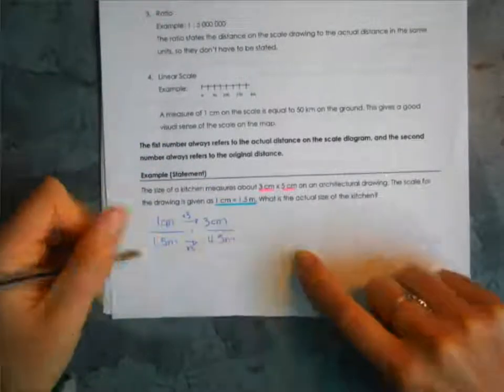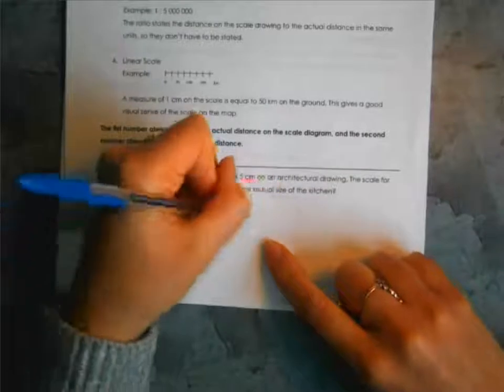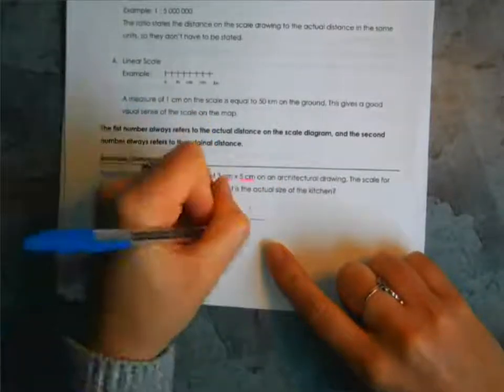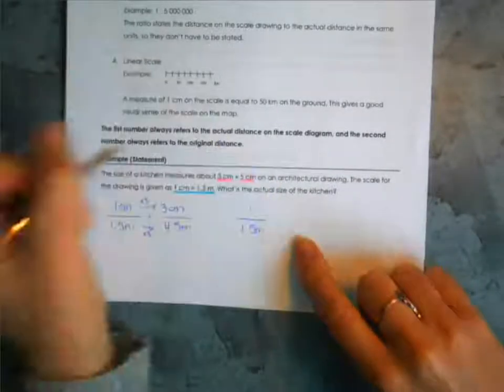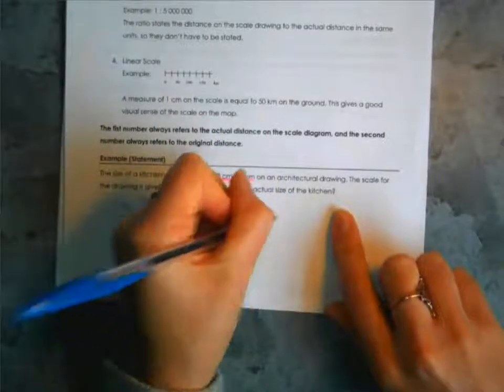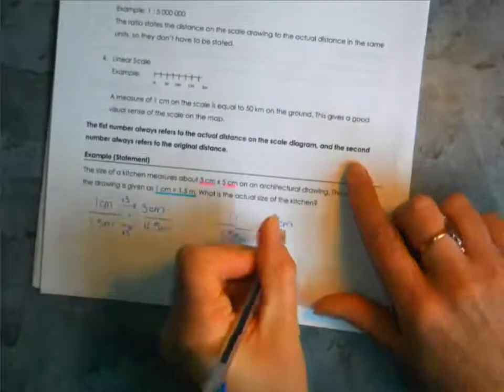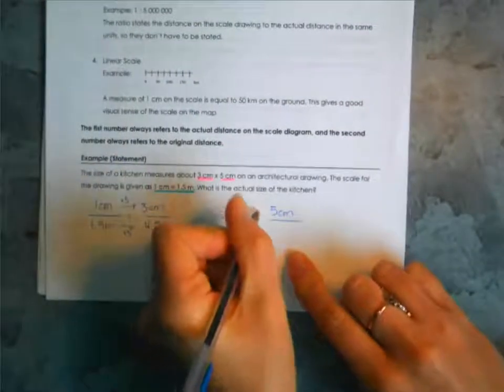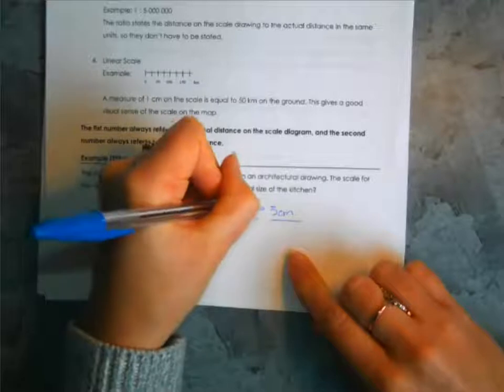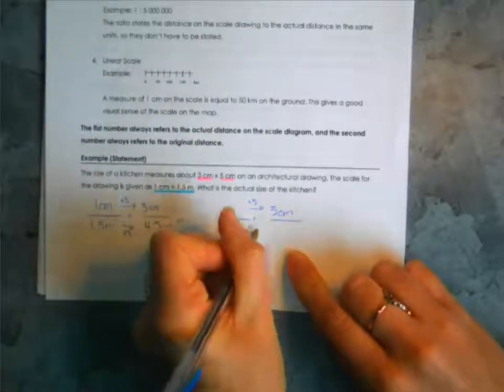Okay. The other one that we had there was for 1 centimeter, we have 1.5 meters, same ratio or rate, but we're setting it equal to, now on the diagram, we have 5 centimeters. And so, of course, if we want to get from 1 to 5 centimeters, we have to multiply by 5.